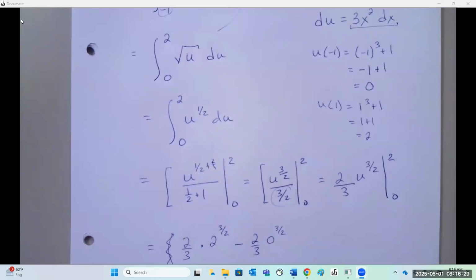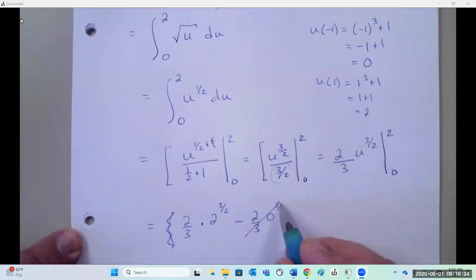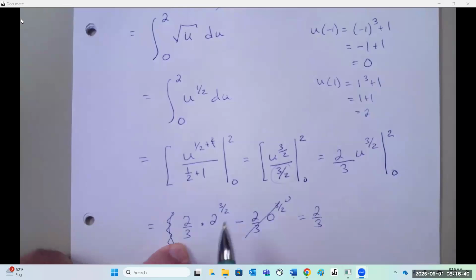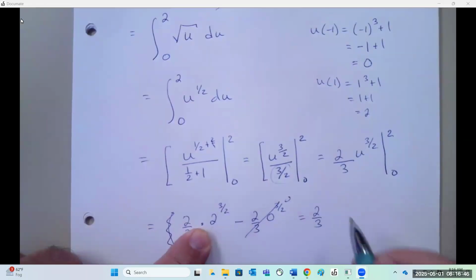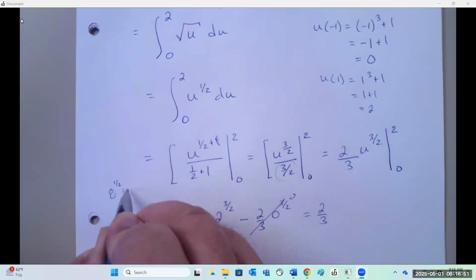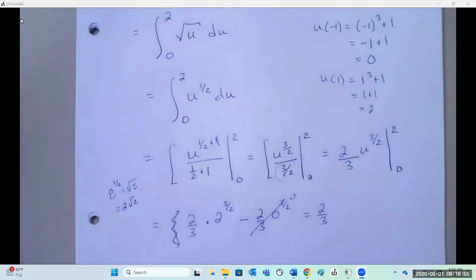I don't need it, see. Anything times 0 is 0. So in this one we have 2/3 times 2 cubed, which is 8. So it's 8 to the power 1/2, which is the square root of 8, which is 2 square root of 2.